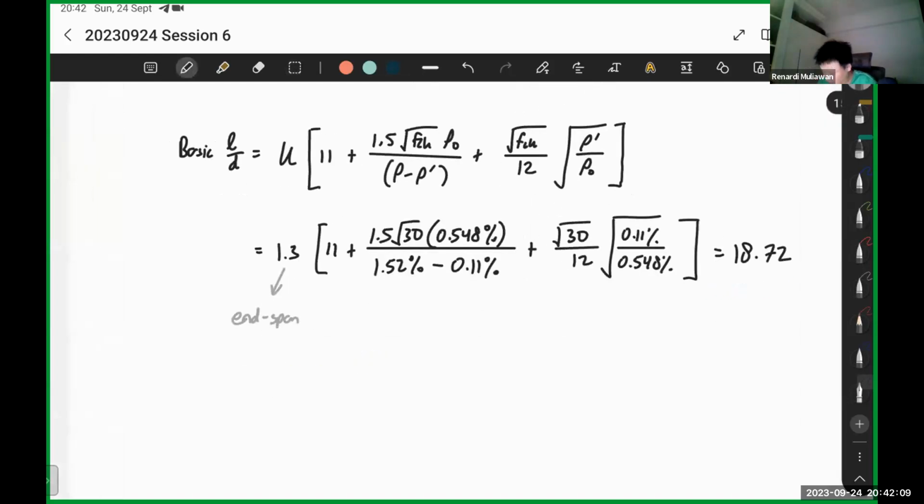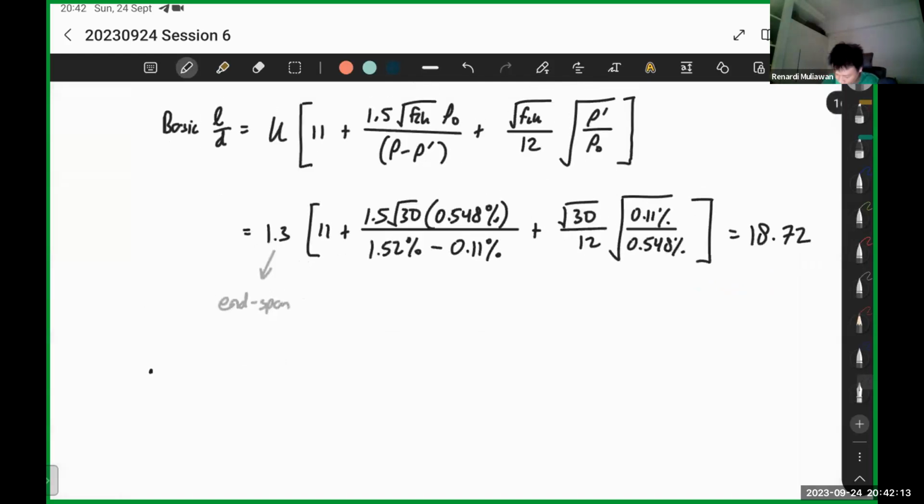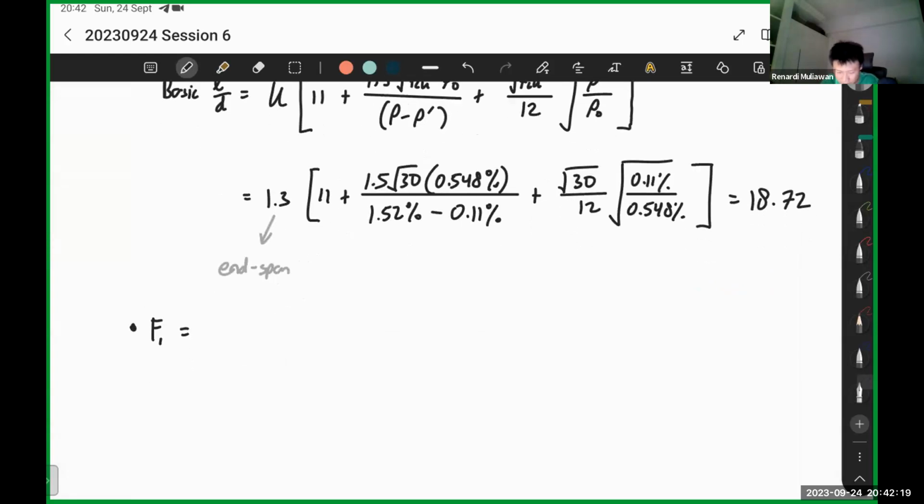Then for the second step, you'll get F1, F2, and F3. Let's start with F1. F1 considers T beams, so it's 1 minus 0.1 times (bf over bw minus 1).